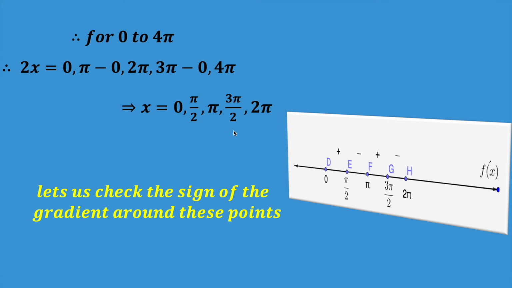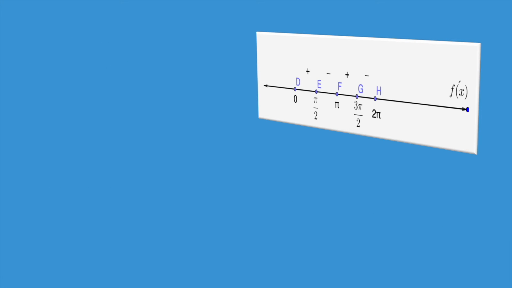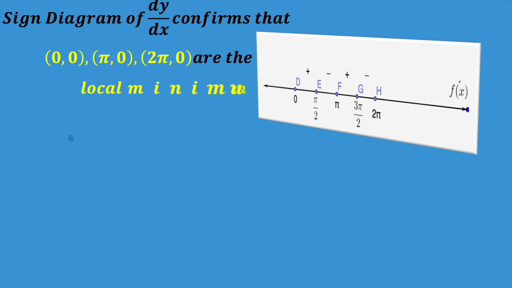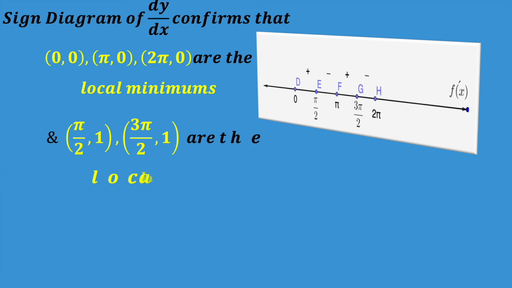Now let's discuss the signs around these points, the signs of the gradient, which will help us to identify the nature of the stationary points. If you look at E, on both sides of E, the gradient changes sign from positive to negative. Therefore, pi by 2, 1 is a local maximum.